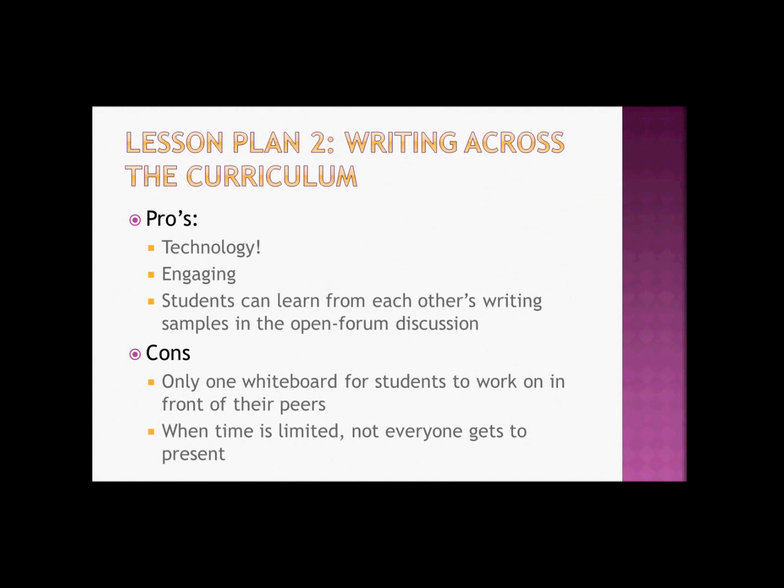Again, the pros of this technology is it's technology and it's engaging. And the one thing I really like with the writing is that the students can learn from each other's samples in the open forum discussion where they're allowed to constructively critique each other. In the cons, we have one board that we can project up, and if time is limited, not everyone will get to present each and every day.